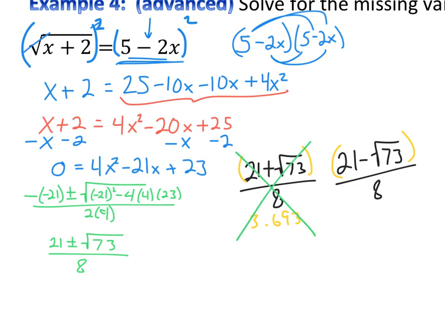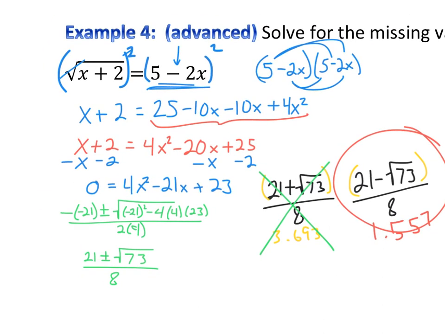And if I type this one in, 21 minus the square root of 73, and then divide by 8, I get 1.557 if I round to 3 decimal places, which is the answer that I want. Now this example wasn't the prettiest, but it gets the point across. If you have two terms like we did here, you end up having to FOIL.